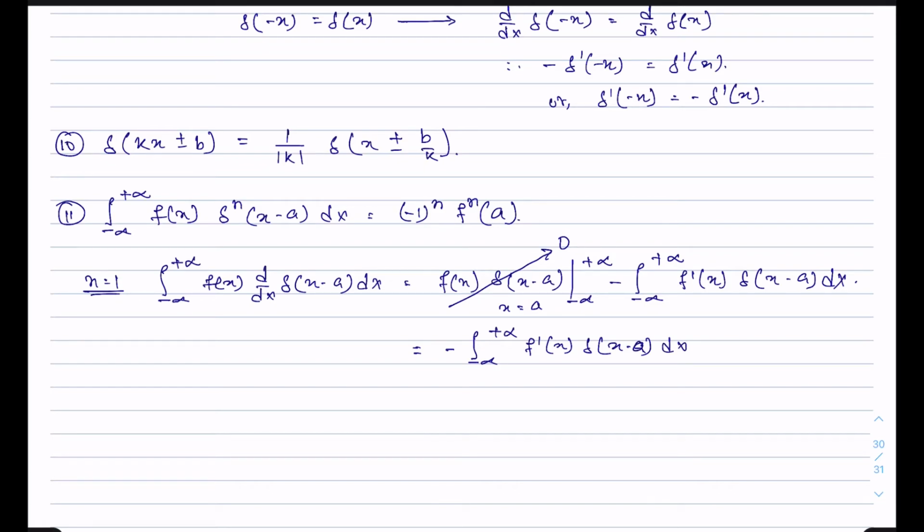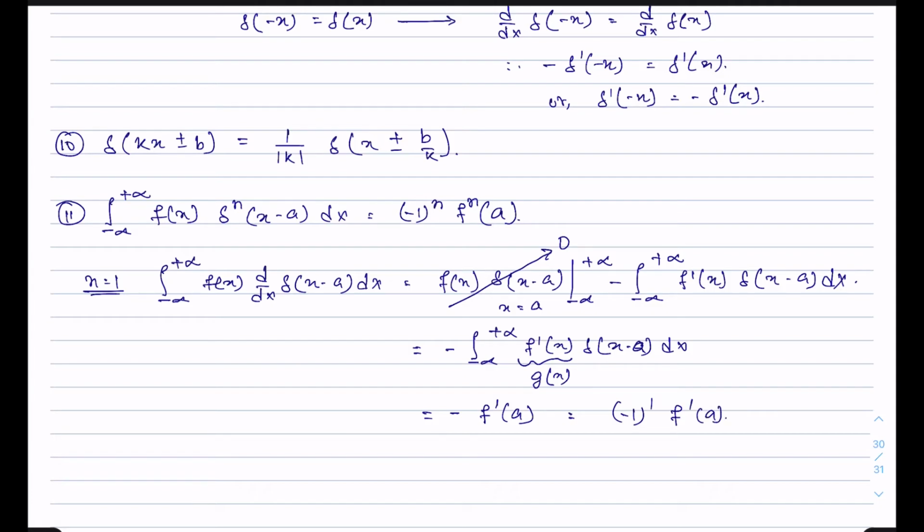Now, if you consider this derivative as another function g(x), and use the previous property of the delta function, that is, the integral from minus infinity to plus infinity of f(x) delta(x minus a) dx equals f(a), then you will get minus f prime(a), or you can say (minus 1) to the power 1 times f prime(a).